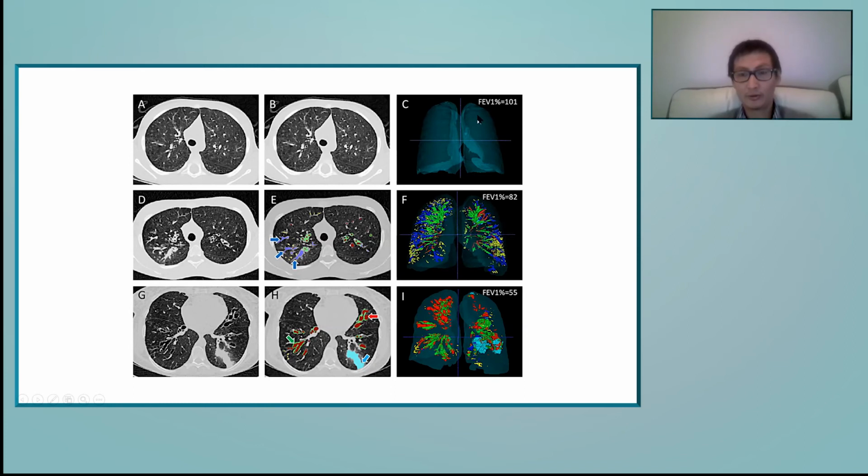So the volume of lesion was measured to be equal to 0. And then the AI was able to automatically detect the presence of the bronchiectasis, wall thickening, mucus plug, and then to perform a 3D reconstruction of the volume of the lesions.